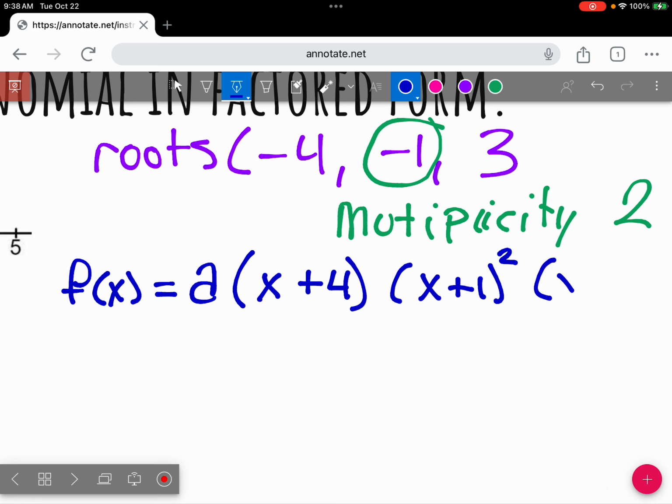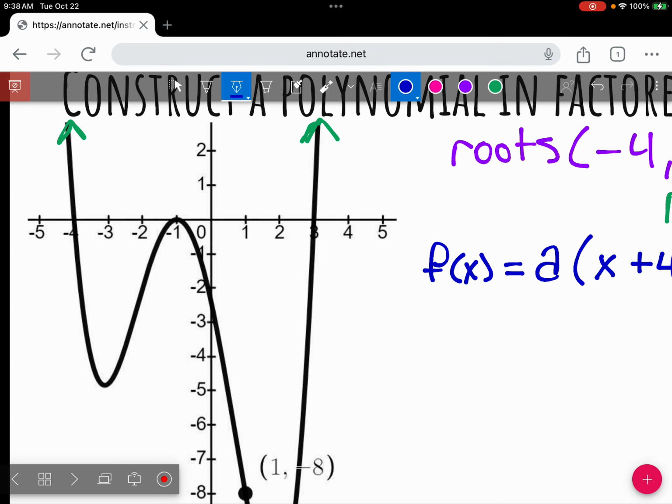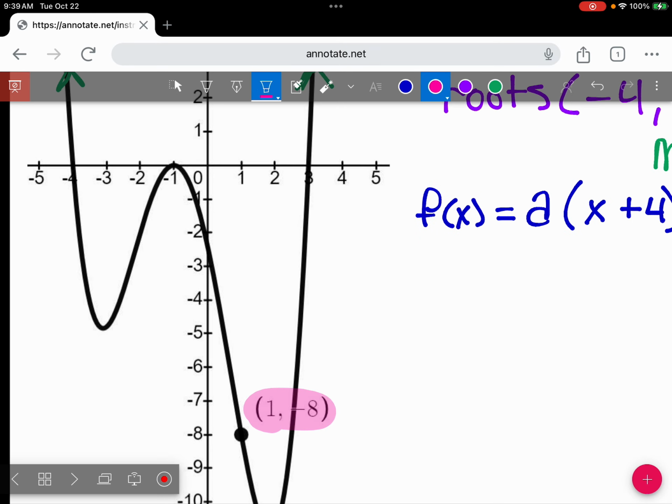And x minus 3. What can we do to figure out what our a is? Yeah, look, we were given a point. 1, negative 8.